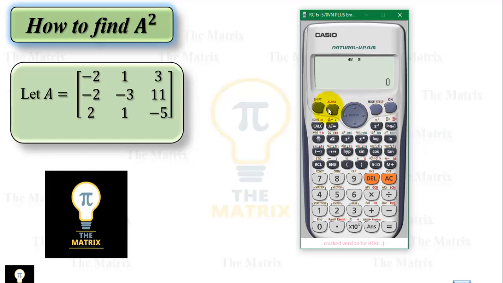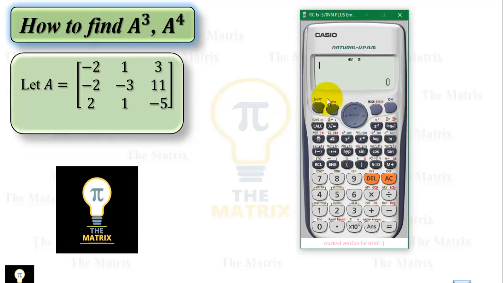Now we will go for how to find the square of the given matrix. Our matrix A is already saved in the calculator. We'll go for shift 4, then Mat A is at 3, so 3, so this is Mat A into, repeat the procedure, shift 4, Mat A is at 3 again, so this is Mat A into Mat A. When you push the equal to button, you get the square of the matrix. Now we will go for how to cube the matrix.